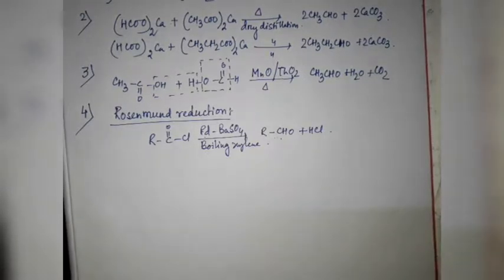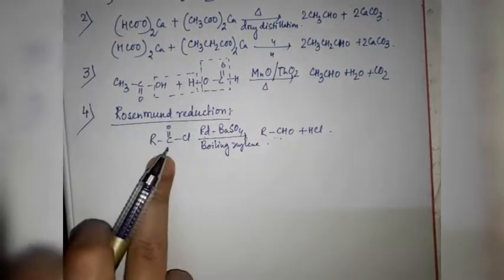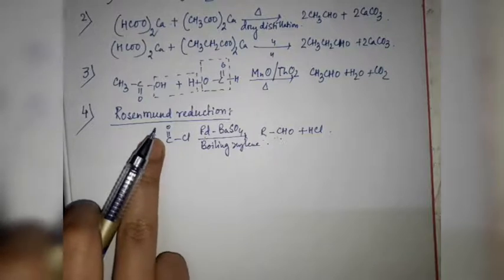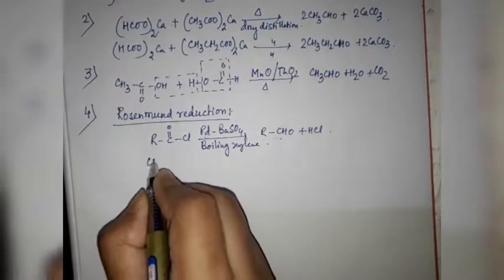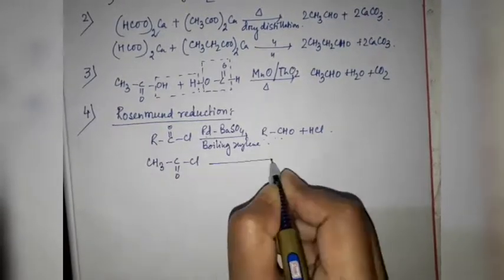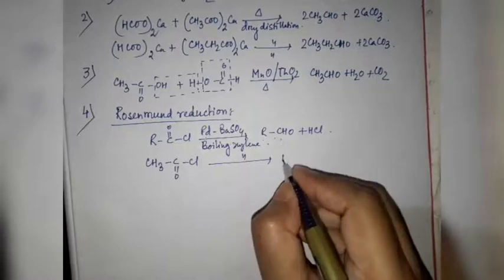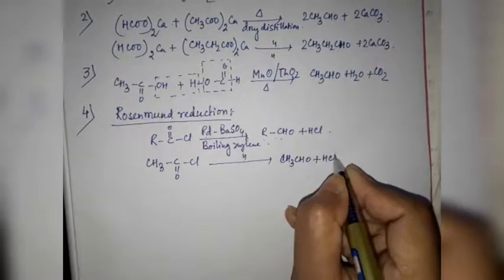Actually, carboxylic acids cannot be directly reduced to aldehydes, so they are at first converted to their acid chlorides, and the corresponding aldehydes we can get from this. For example, if you take CH3COCl, that means acetyl chloride, under the same condition we can have acetaldehyde.